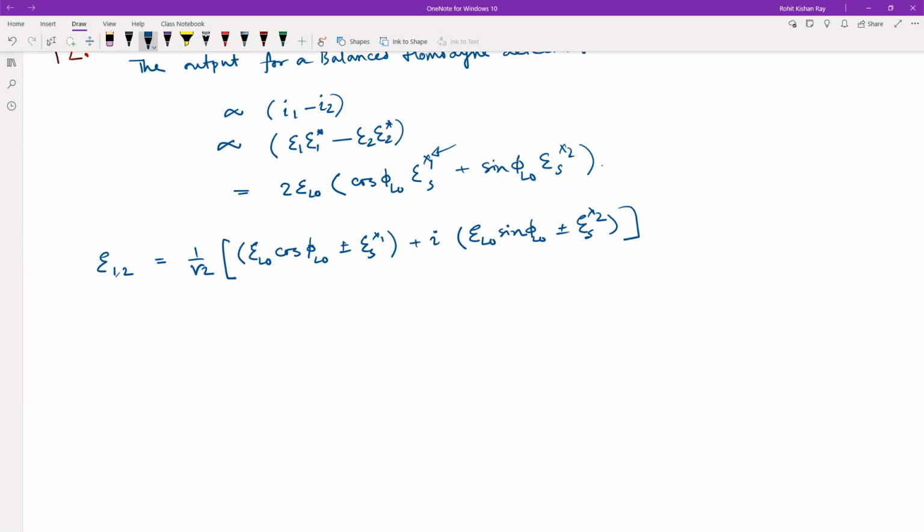So if we want to extract noise, instead of the signal, we input vacuum.